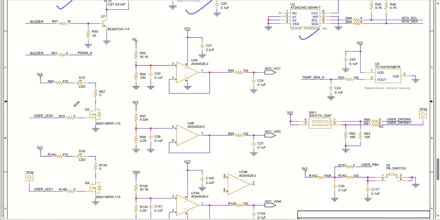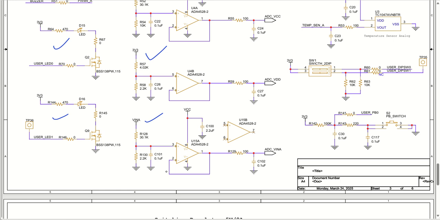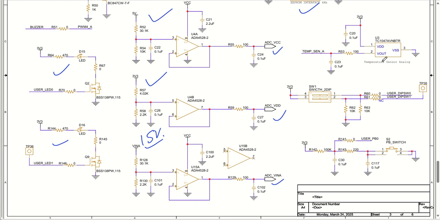Then we have LEDs 1 and 2. We have voltage monitoring for 5 volt, 3.3 volt, and V in A, which is nothing but your 15 volt monitoring. All these three go to your ADC pin, as I just told you. Similar to that, I have put onboard temperature sensor one, and then we have DIP switches here, and one push button as well.